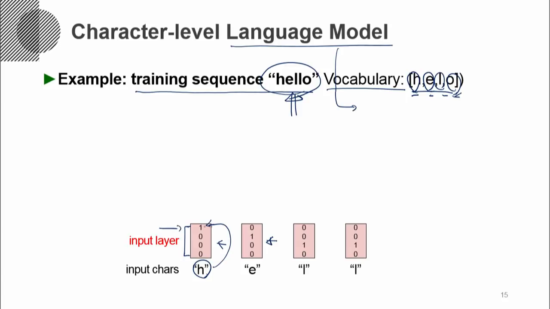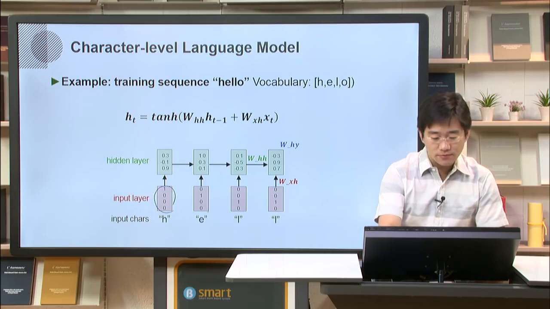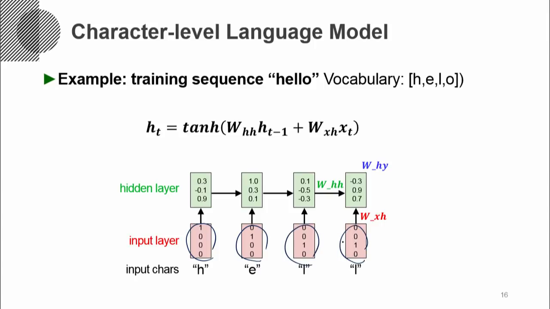So these are the 4 inputs as we go through the sequence of HELLO, and then each of these input vectors will be given to our RNN module at each time step, and then it will generate this hidden state vector.